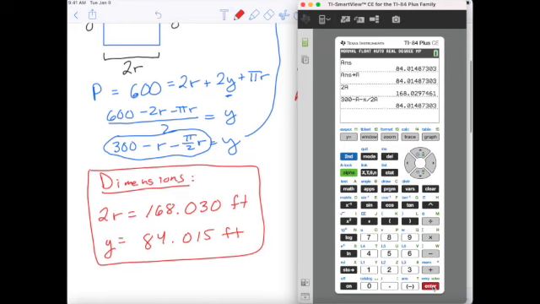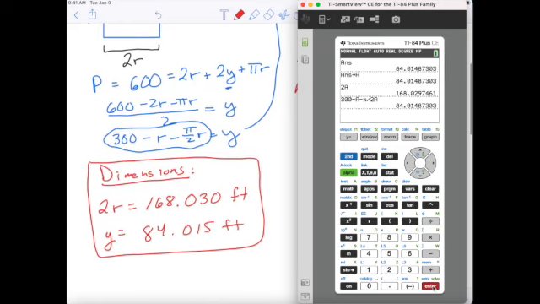If it did ask me for the maximum area, just another nice little trick, that would be the area when r is 84.015, and the area function is still in y1. So you could say, hey, I'm just going to take my y1 and plug in that A value of 84.015 for r.